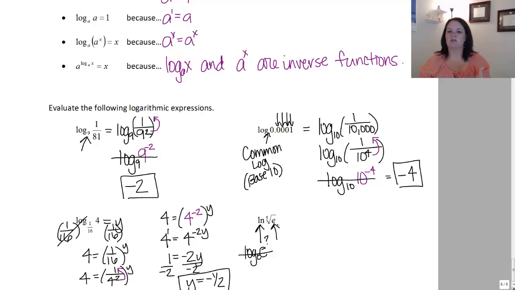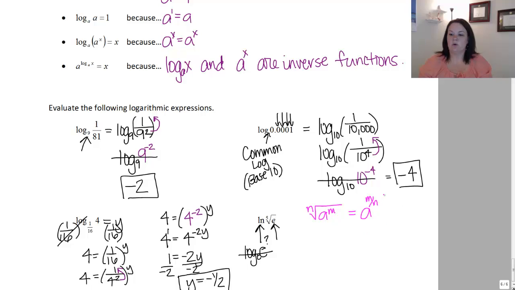Now I don't know if you went over this in your previous math class, so I'm going to give you a quick little refresher. If you have something like the nth root of a to the m power, this is the same thing as a to the m over n.